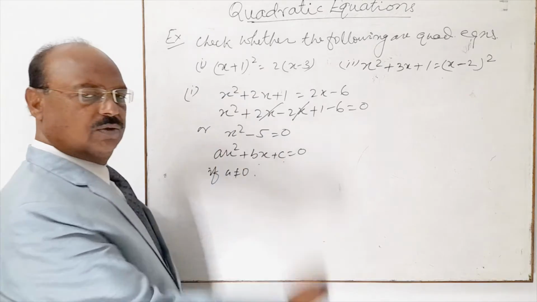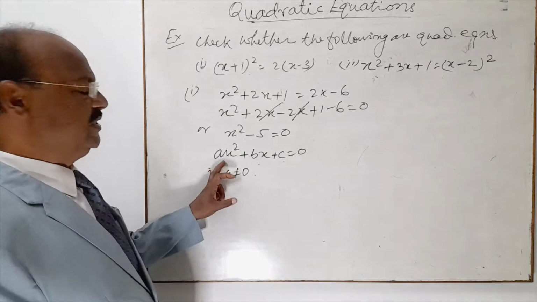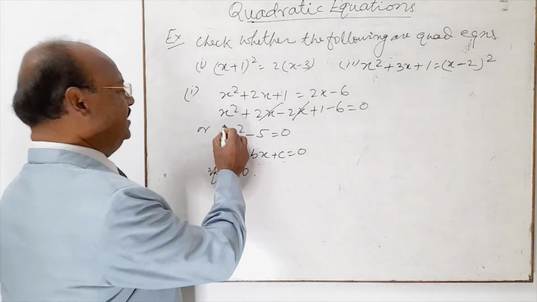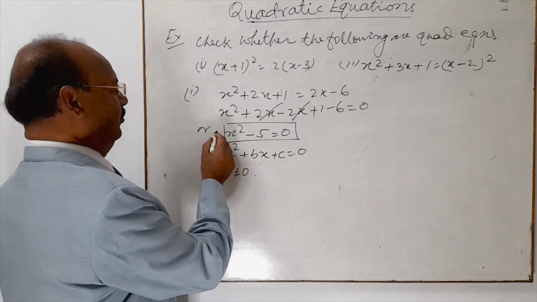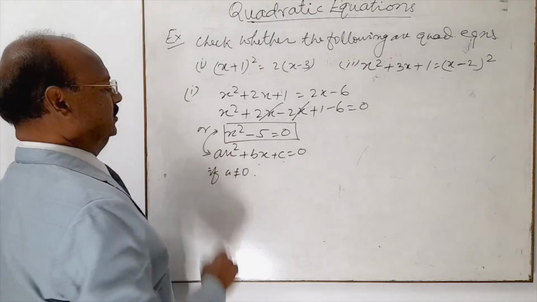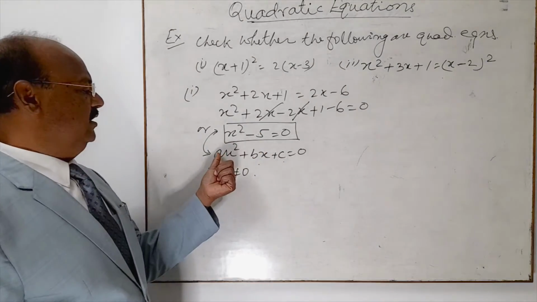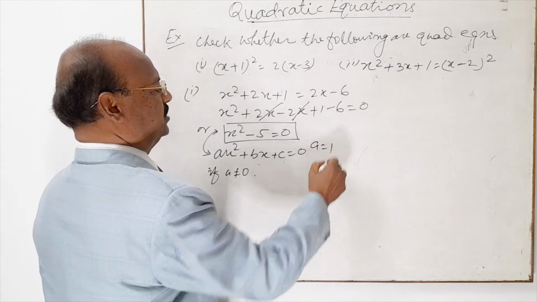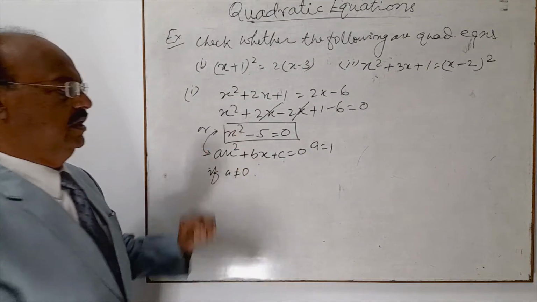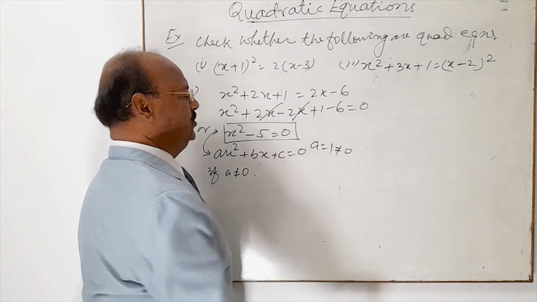If c is 0, there is no problem. But a must not be equal to 0. So in this case, whenever you compare these two equations, we are getting a is equal to 1 here, which is not equal to 0.